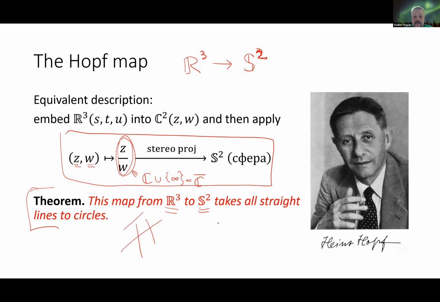And on the sphere, we have circles, namely a circle on the sphere is by definition just the intersection of the sphere with any plane. Any plane cuts a circle from a sphere. And the theorem is that the Hopf map takes any line whatsoever to some circle.